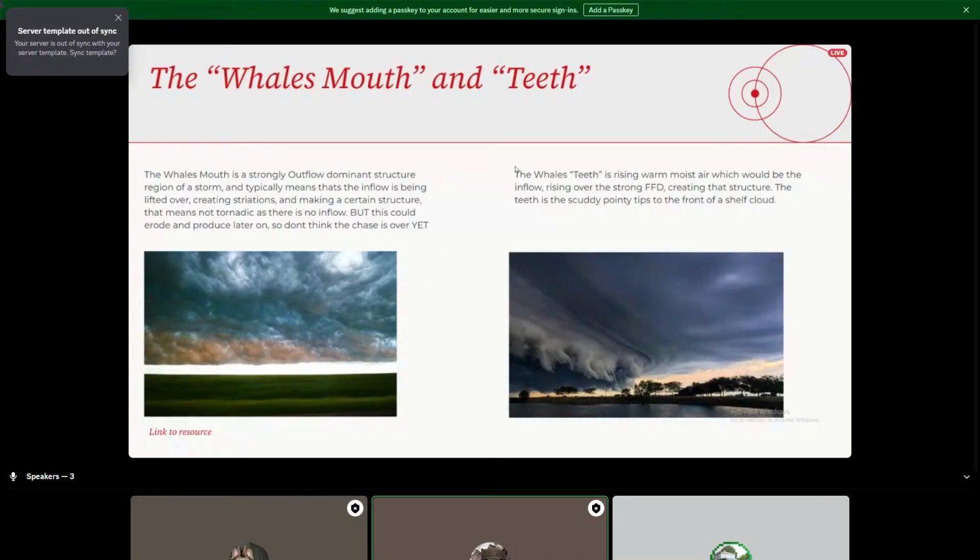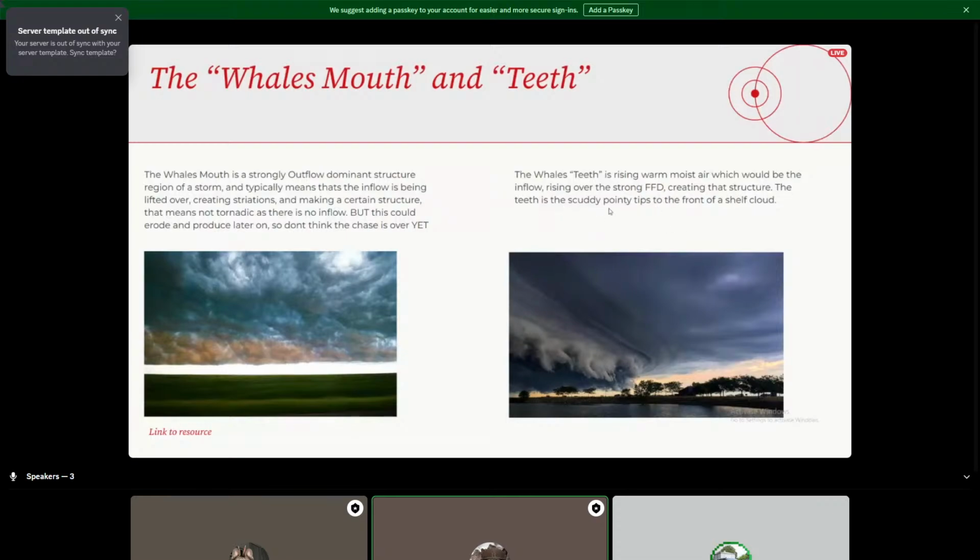The whale's teeth is the warm, moist air, which is typically taken as inflow. If it were a tornadic storm, it would be rising as a scuddy, rising SLC basically. It rises over the FFD, the cool FFD slamming into the ground, creating that structure.